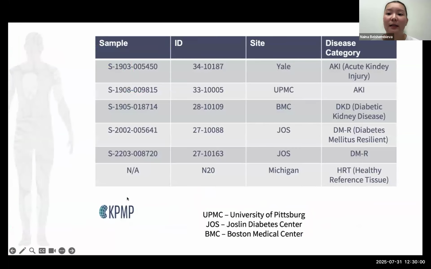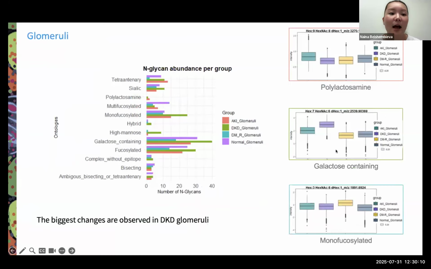We then moved on and integrated samples with disease categories such as acute kidney injury, diabetic kidney disease, and diabetes mellitus resilient samples. And we were able to find the following results. For glomeruli, these are just some of the examples of upregulated sugars.